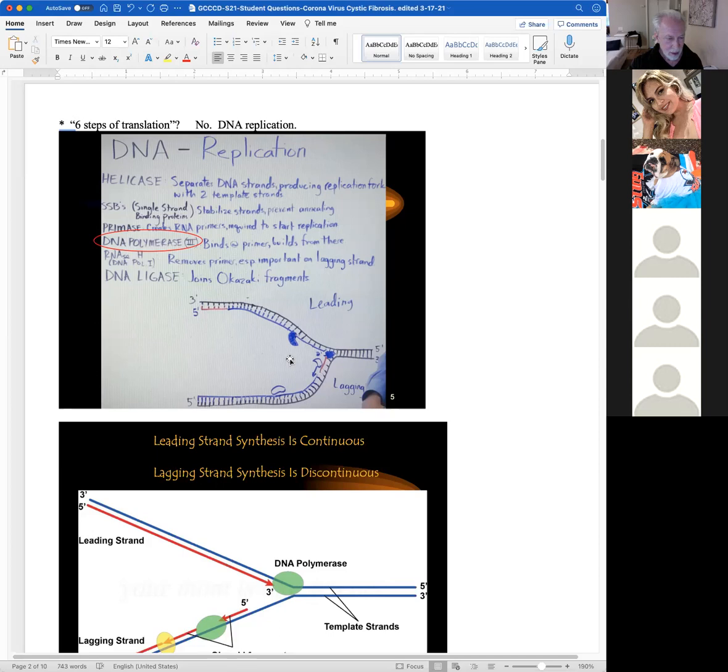So that's the point I want to make about the leading and lagging strands. One of them, DNA polymerase, is continuous. The other is discontinuous because it's going backward. It can't replicate DNA that's still hydrogen bonded.